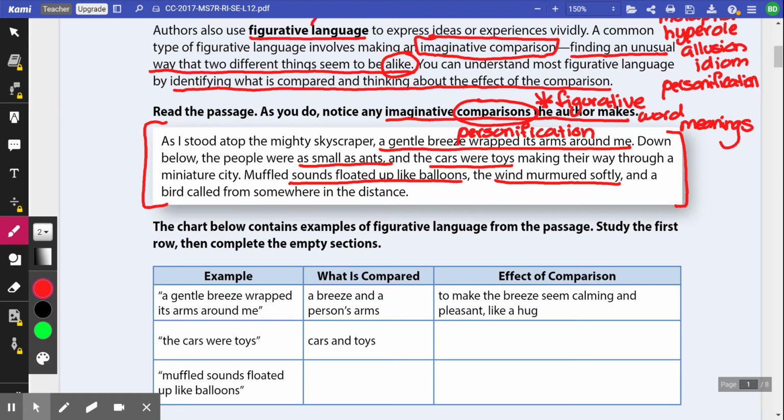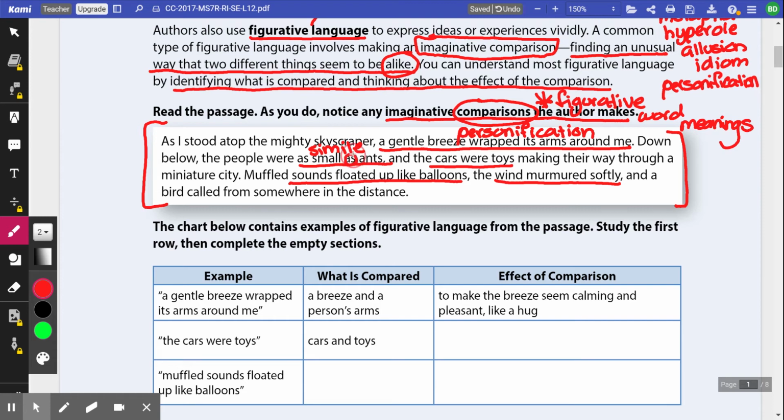Okay? The next one I underlined was the phrase as small as ants. This is a simile because it is comparing the people to ants. They're saying that they were as small as ants. So we know this is a simile because it's comparing using the words like or as.